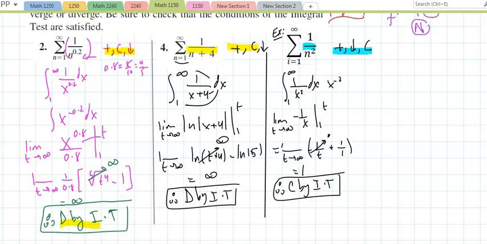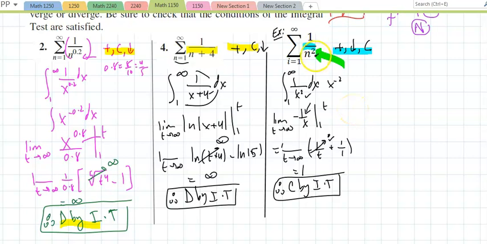So if I look at those three problems, if the power is bigger than 1, and I integrate, doesn't that mean that x is going to remain in the denominator after you integrate? And doesn't that mean that this portion will always be 0, and therefore it will converge?